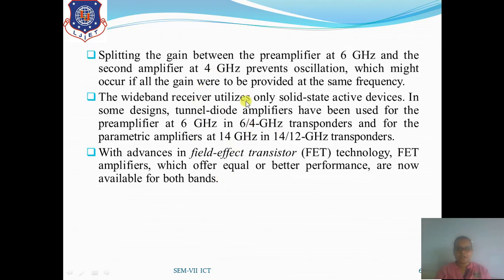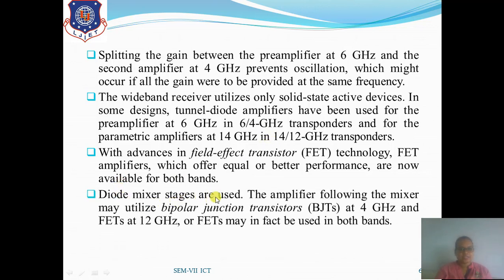So earlier we discussed that for different bands we need different types of amplifiers to be designed in the transponders, but after the advancements in the FET, the field effect transistor, which is also a solid state active device, right? This FET technology is used in both these bands, in C band and also in KU band.